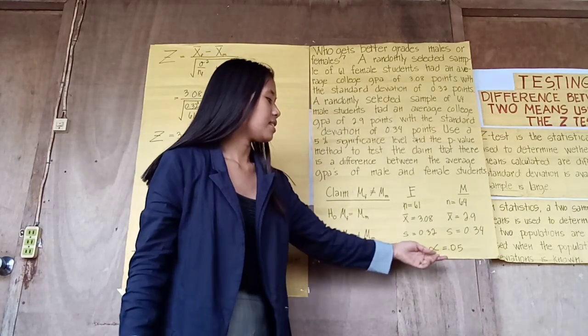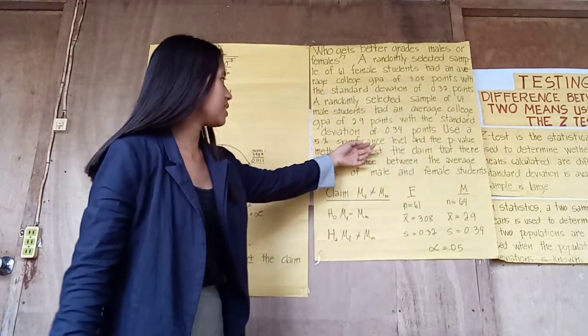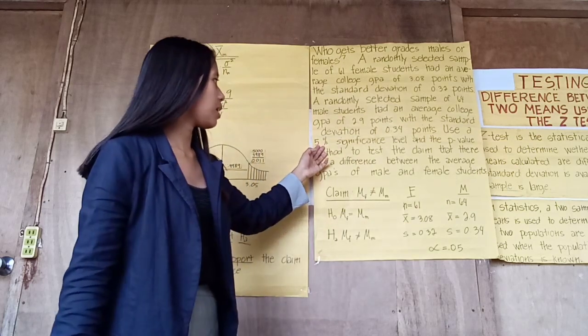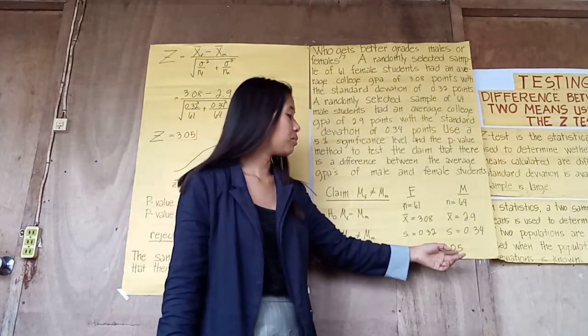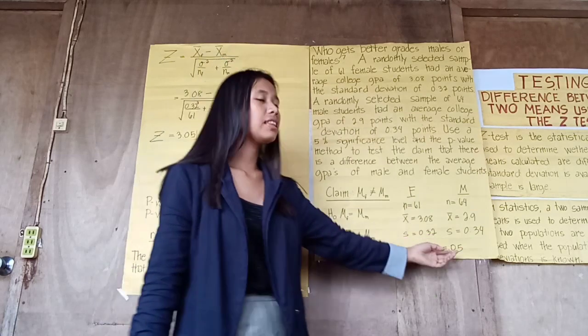This is a symbol for alpha or our significance level. And if it is not there, you cannot use 5% here, so this is a decimal.